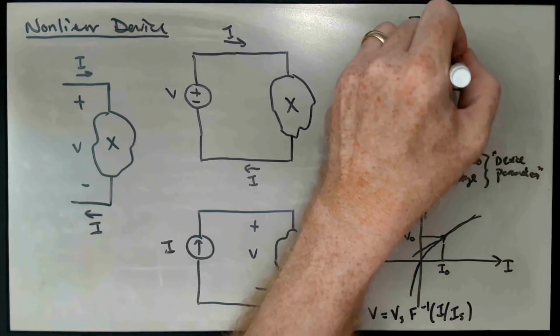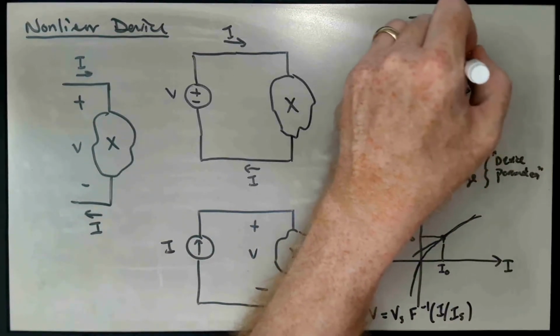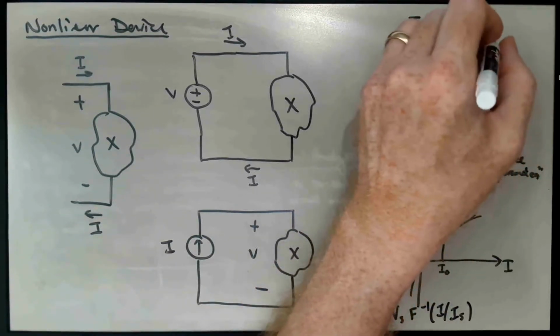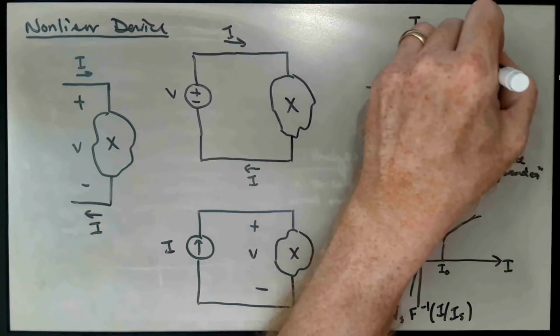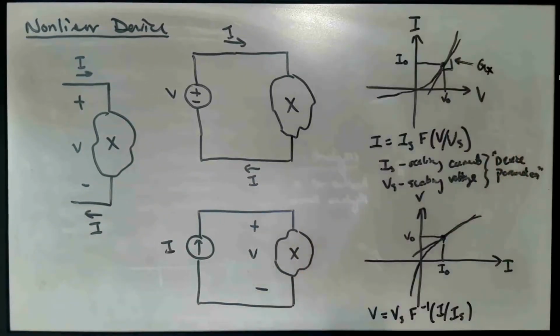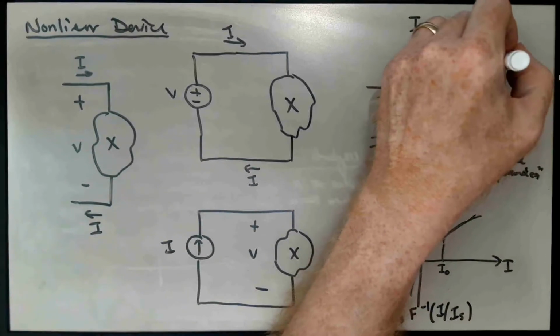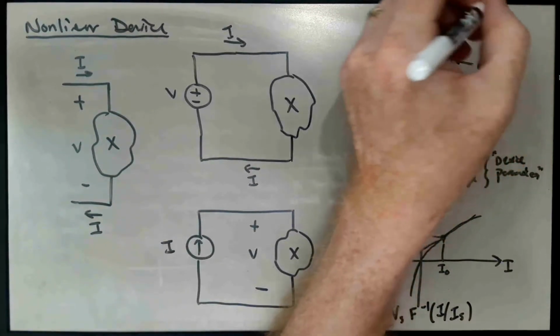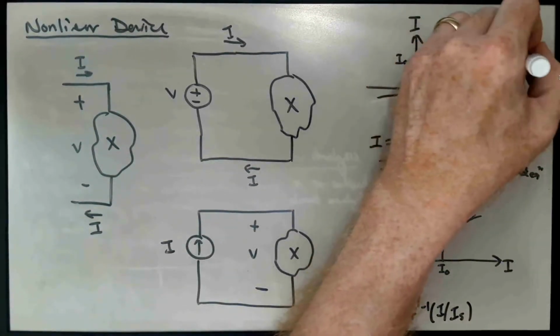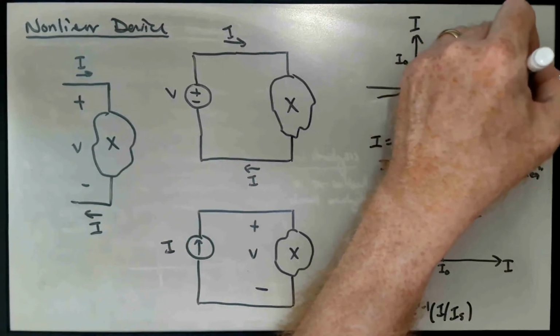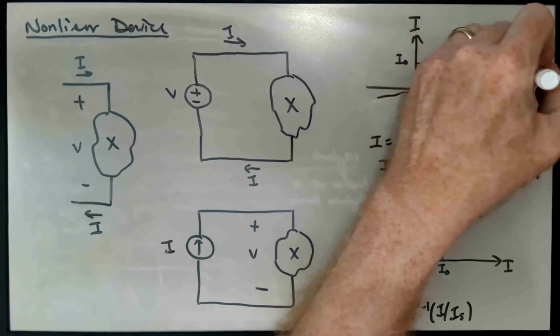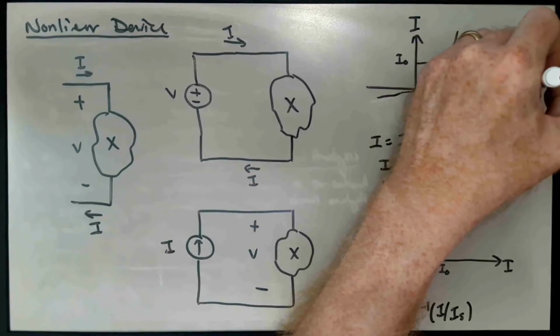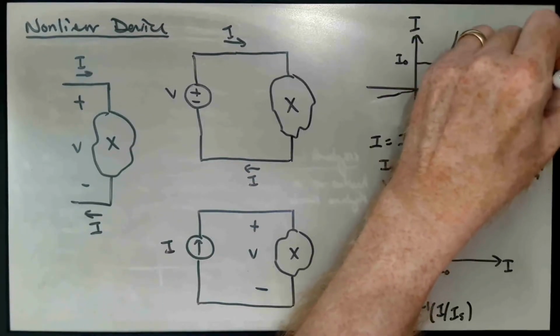So the slope of this tangent line here is going to be called Gx, which is the partial derivative di dv evaluated at V0, I0.